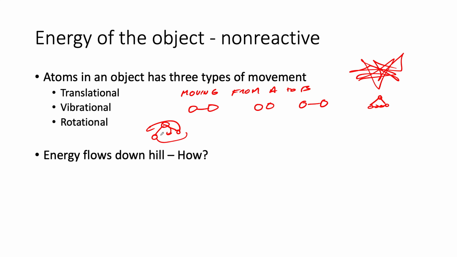Because if things collide or touch, something going faster will transfer energy to something going slower, and they're going to end up averaging out. And this is where we say energy flows downhill. Flows from high to low. Always. To get something up to a higher temperature, you've got to add energy to it.